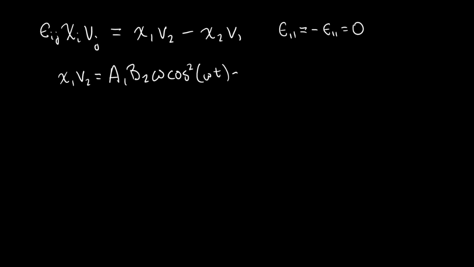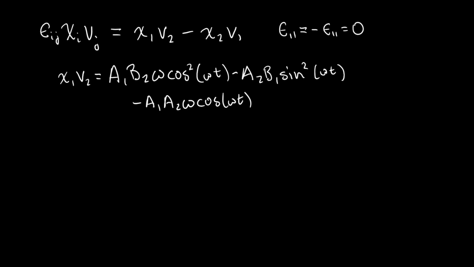We're just plugging in values for what we found before. a2, b1, sine squared omega t, minus a1, a2, omega cos. It's not a very pretty expression, but it's the expression we get, plus b1, b2, omega cosine omega t sine omega t.